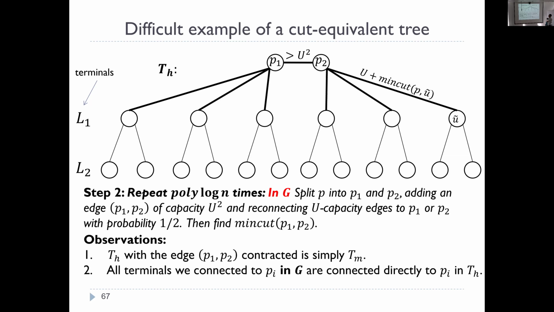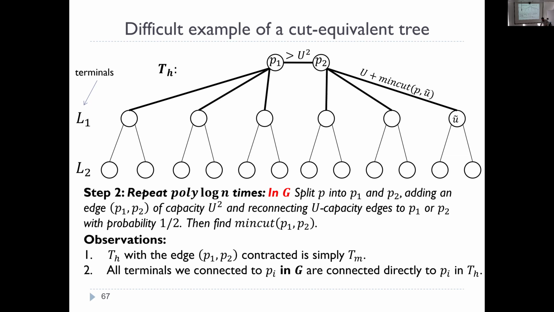And what we also know is that for two nodes in L1, in at least one of those repetitions, they're going to be separated. They're going to belong to different pivots.